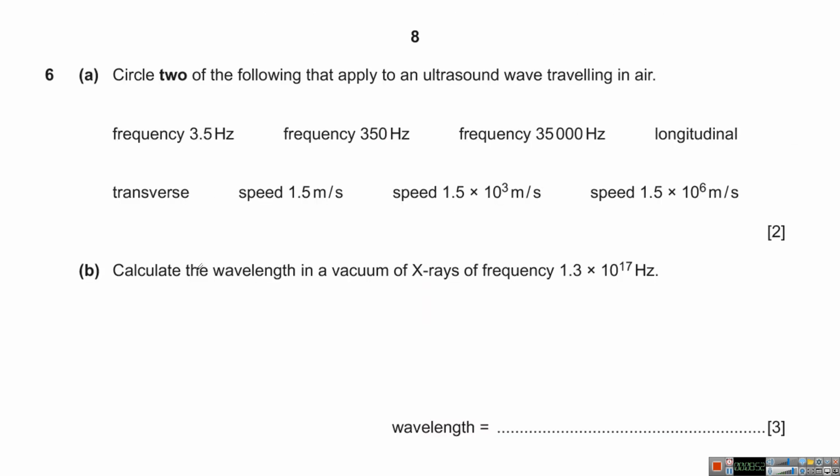Got it? Moving on, encircle 2 of the following that apply to an ultrasound. Now we haven't discussed ultrasound yet, but we will be soon discussing this in the classroom. So we do know that ultrasound actually is a sound. Human audible range is 20 hertz to 20,000 hertz, right? That's the human audible range.